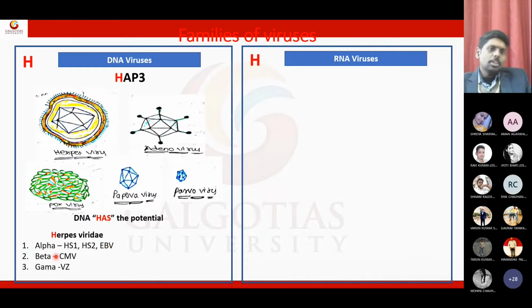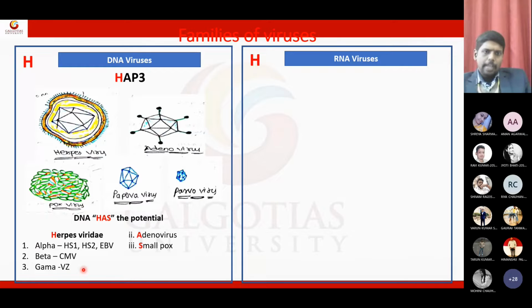In the beta class, we have cytomegalovirus, and in the gamma class, varicella zoster. These are the viruses present in Herpesviridae.